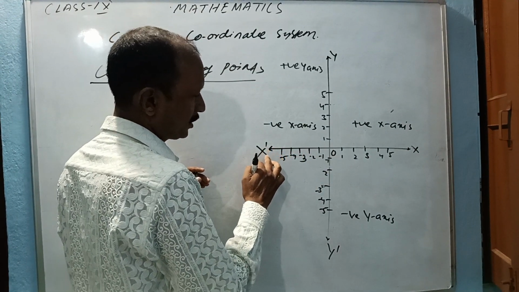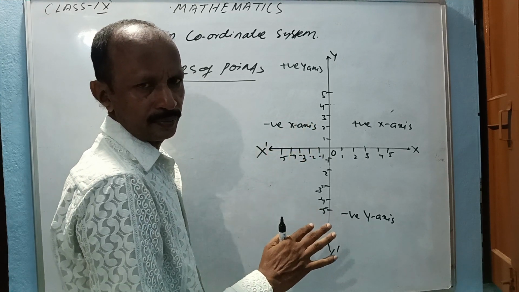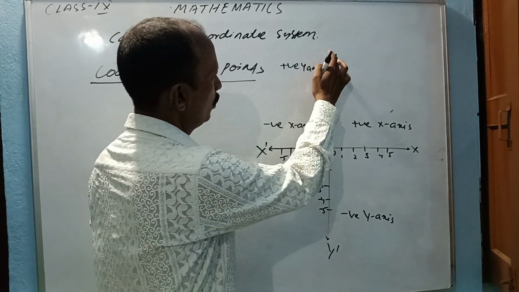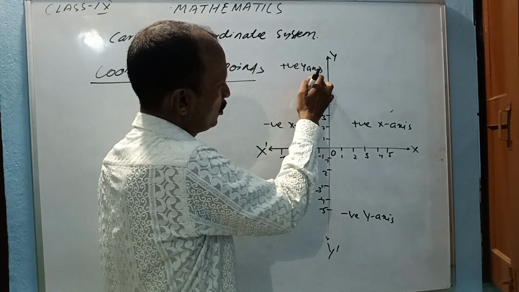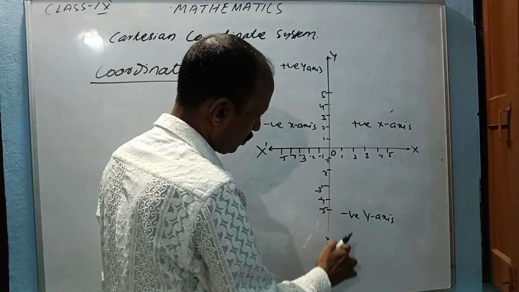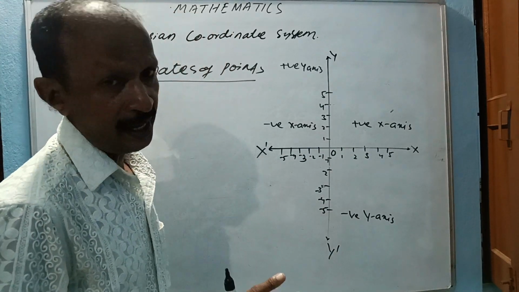O to X dash, this is the negative x-axis. O to Y towards upwards, this is the positive y-axis. From here towards downwards, this is the negative y-axis.